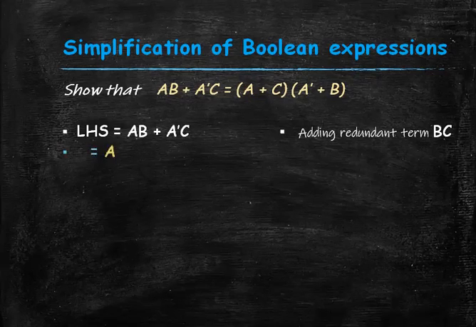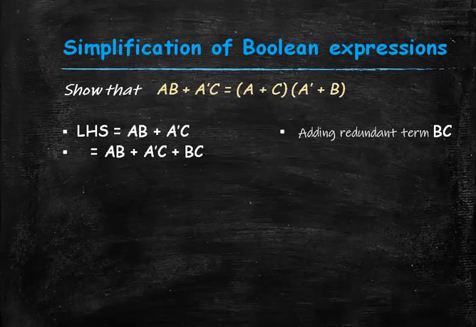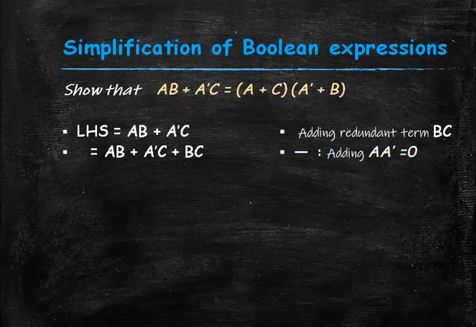Okay, then we add the redundancy term BC, and to obtain that product we also add a 0 here. We are adding A·A bar. Okay, then we write AB + A bar C + BC + A·A bar.